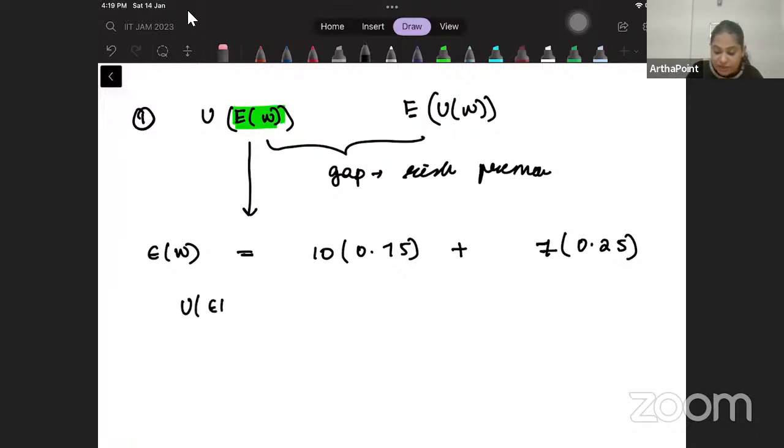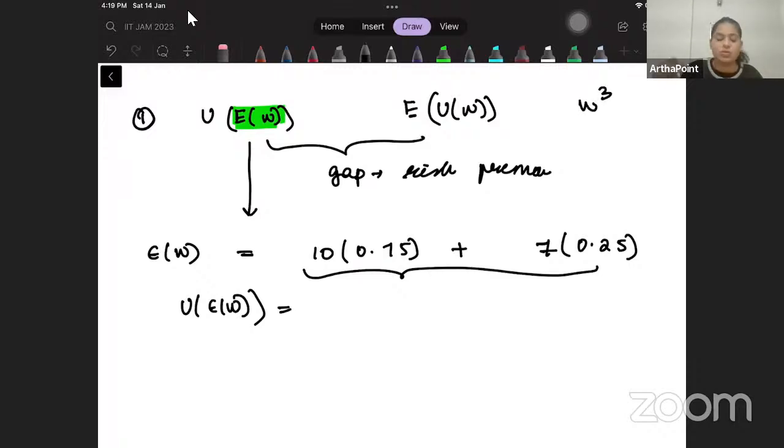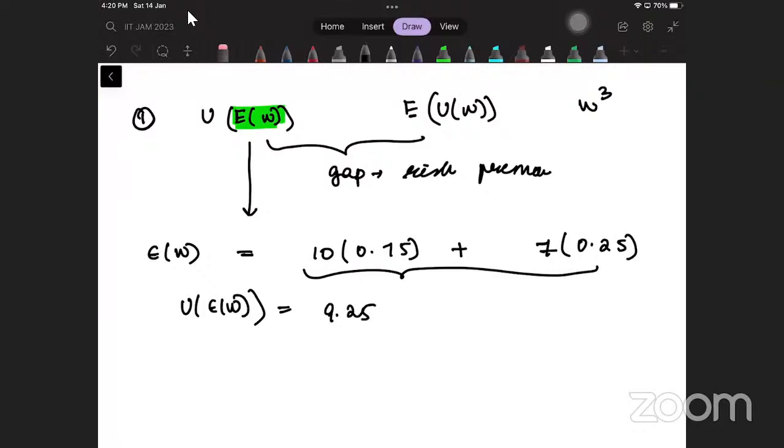Utility from expected wealth matlab yahan se jo value aayegi usko main apne utility function mein daalungi, which is W cube. So yahan se mera expected wealth came down to be 9.25. So utility from expected wealth is going to be 9.25 cube.